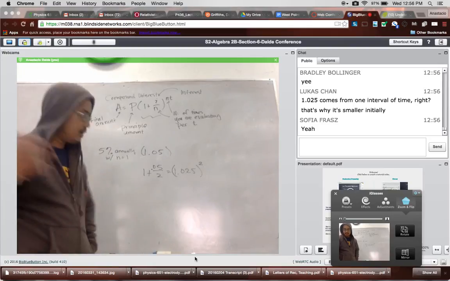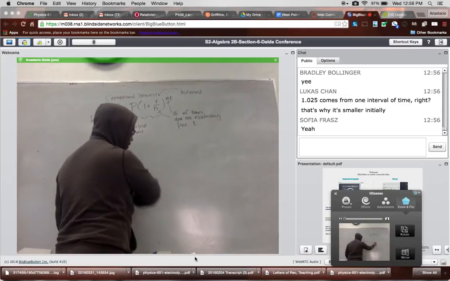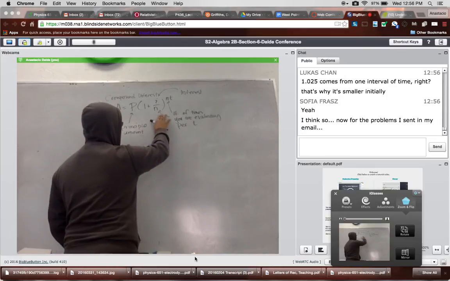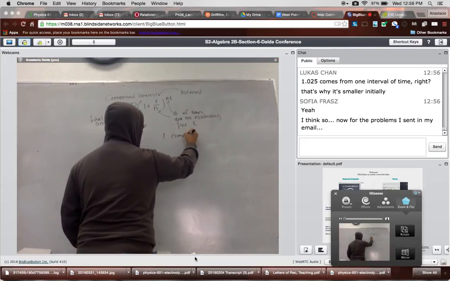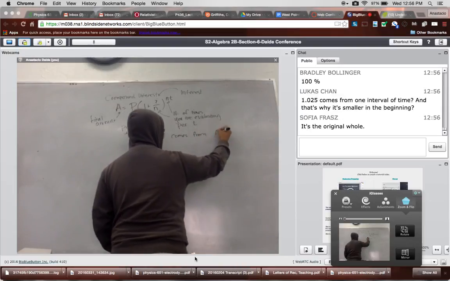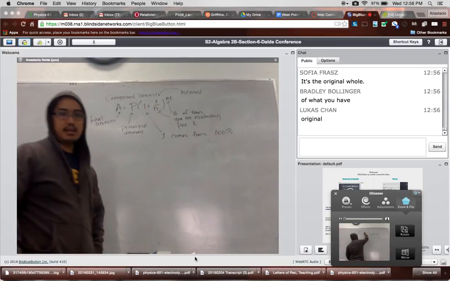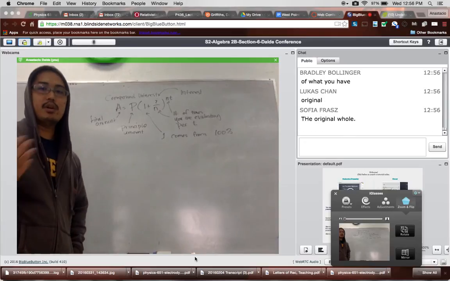I think one of the problems we have here is, okay, wait, there's one more piece. Where does this 1 come from? That number 1 over there stands for the original amount, right?